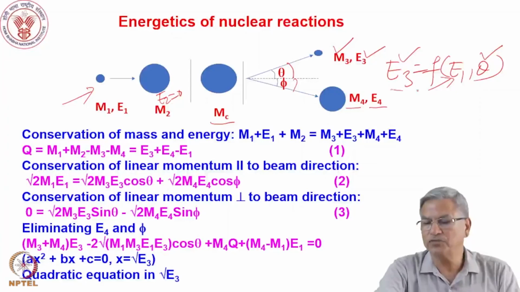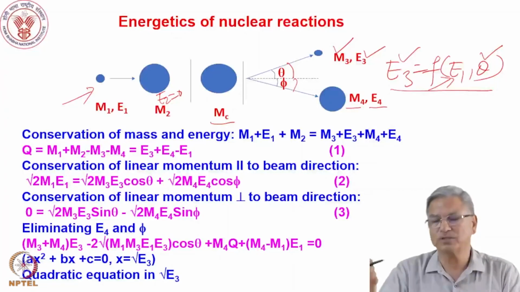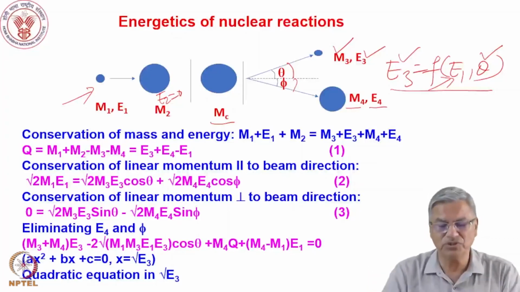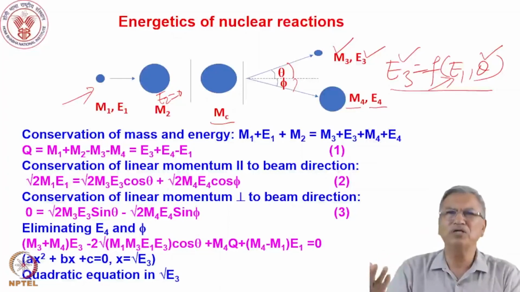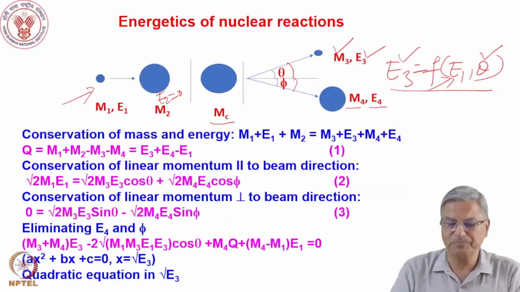Once we set up this equation, then for any reaction, in fact it is independent of the reaction mechanism, suppose you are putting a detector at a particular angle, you can know what is the energy of the ejectile. So that is the purpose of this derivation, and there are many corollaries of this derivation which may become apparent subsequently.